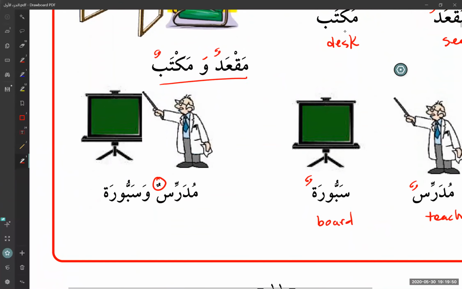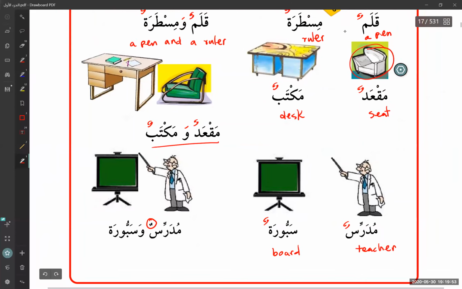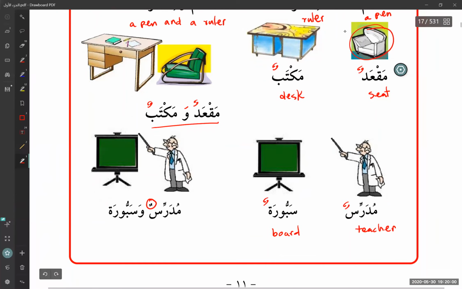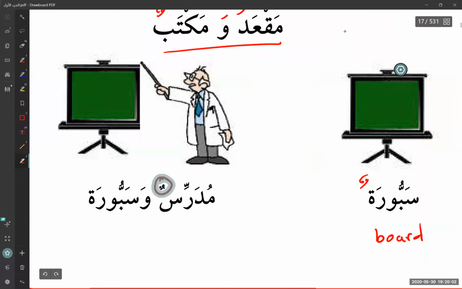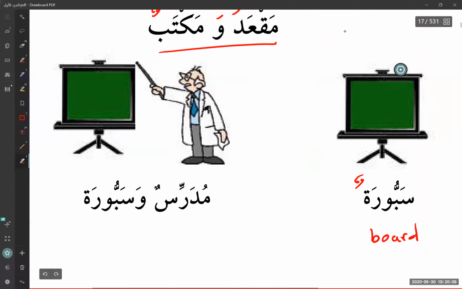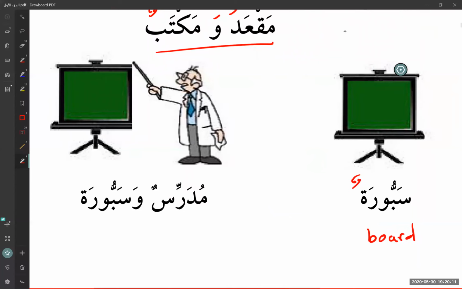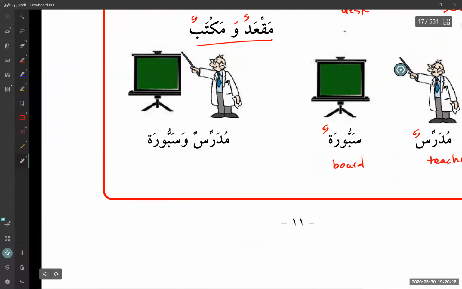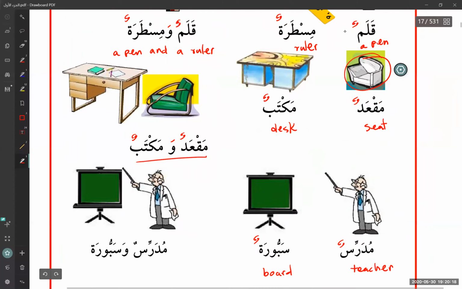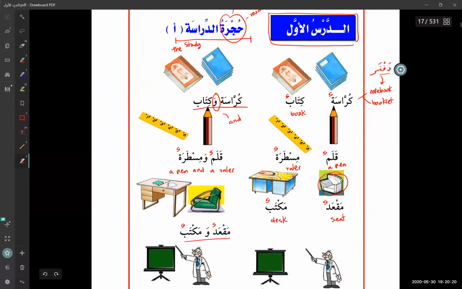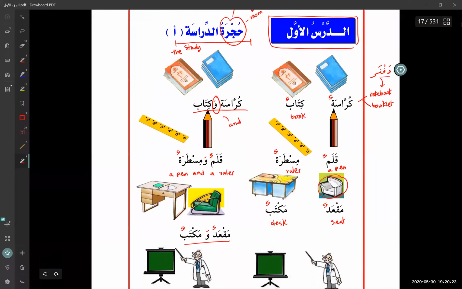So this is something to keep in mind. At this point, you can say it with or without the dhamma, but as long as you understand that, because the book will sometimes give you the dhamma, just like here. So don't get confused. Have this idea in your mind that a word, when it stands by itself, by default has the tanween of dhamma. Jayyid. So with that, we have completed our first set of words for the first lesson.